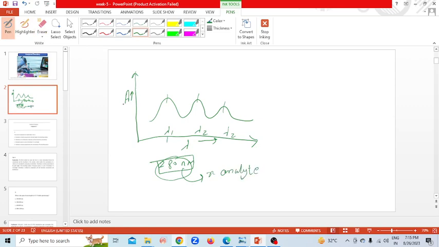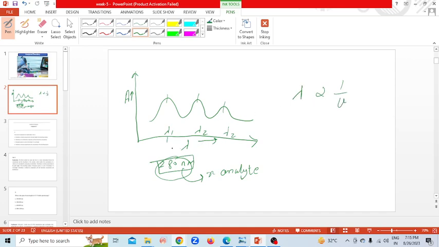Similarly, other analytes you can also identify, whether it is a metal ion, an organic compound, whatever. So you can identify their presence in your sample. Again, I have already explained that lambda is inversely proportional to frequency, or inversely proportional to energy.